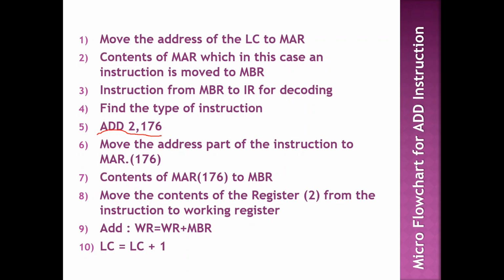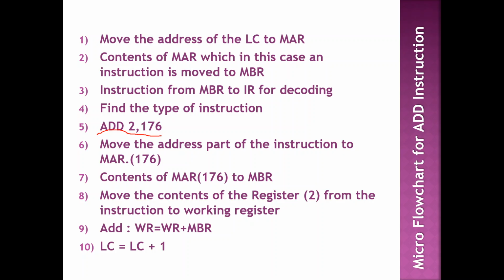Let's take a simple example: add 2 comma 176. What happens? Add the contents of memory location 176 with the contents of register 2, and then store the result also in register 2. I told you there are 0 to 15 general purpose registers, so 16 registers in total.